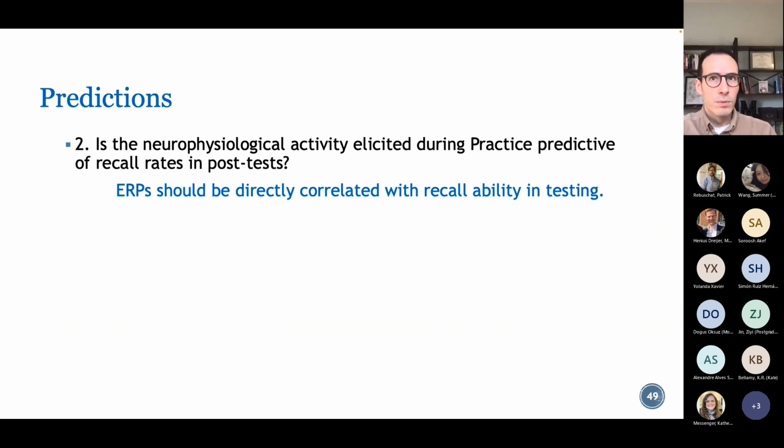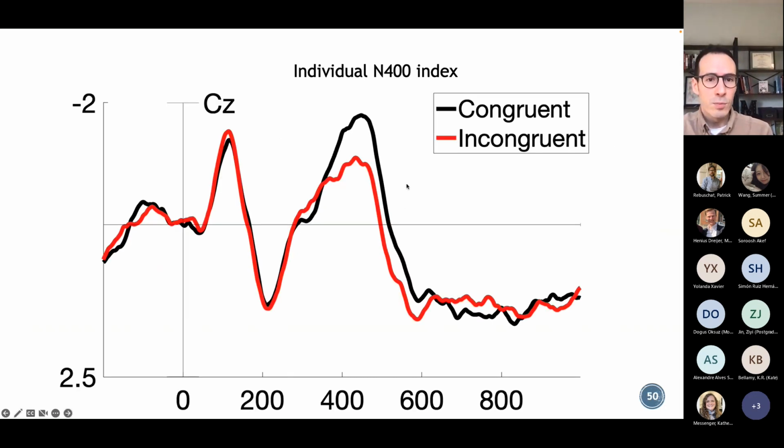So we find evidence for inhibition. Then, is this related to performance in any way? Is this something where we can tie the brain activity to actual performance in a subsequent test after training? So based on this, we were now able to calculate an individual index for inhibition.